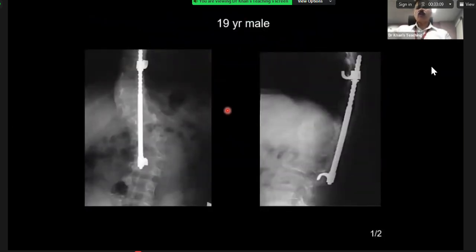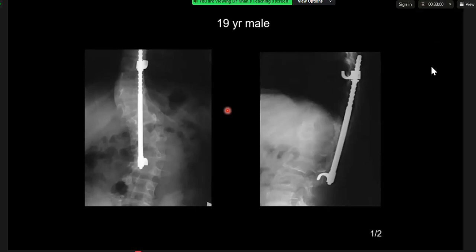Okay, can you please once again take over and describe this case for us? These are frontal and lateral radiographs of the lower thoracic and upper lumbar spine for a 19-year-old male. There is long segment spinal instrumentation through the posterior elements. There is also a scoliosis of the included portion of the spine.